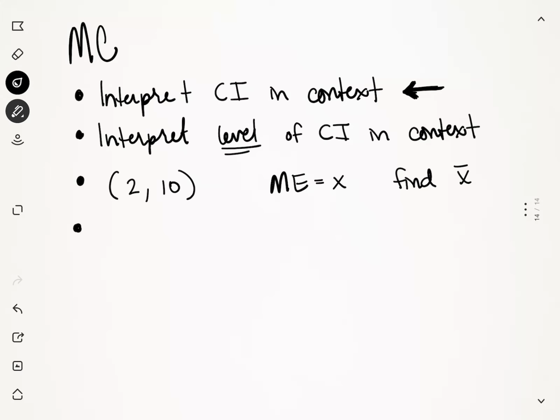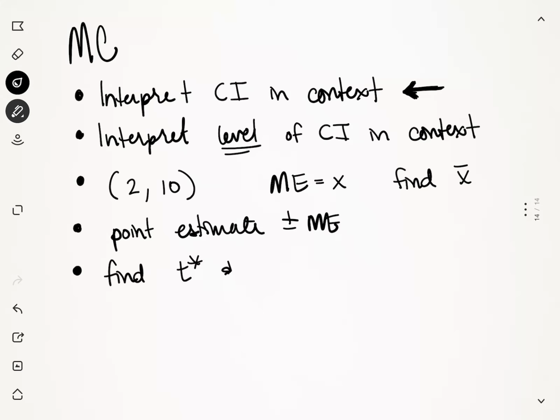Remember, it's the critical value, or we call it a point estimate, plus or minus our margin of error. So we can work backwards and work through that. You should be able to find critical t and critical z for me.